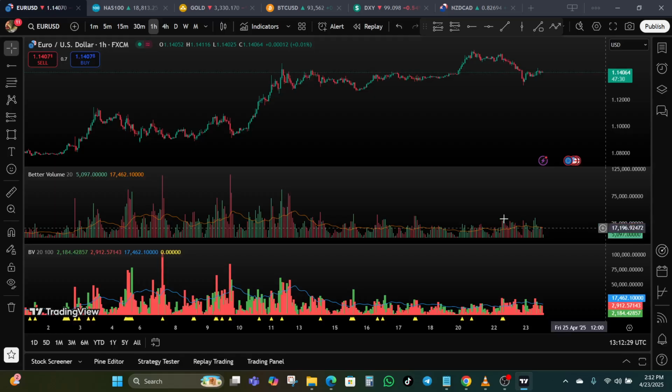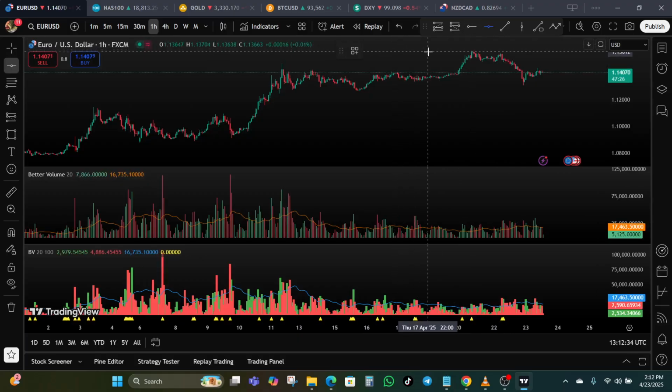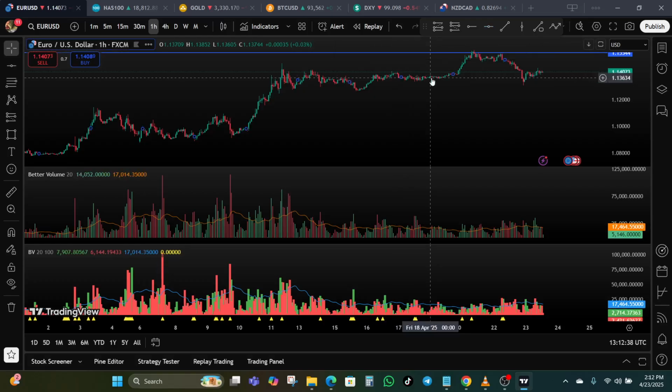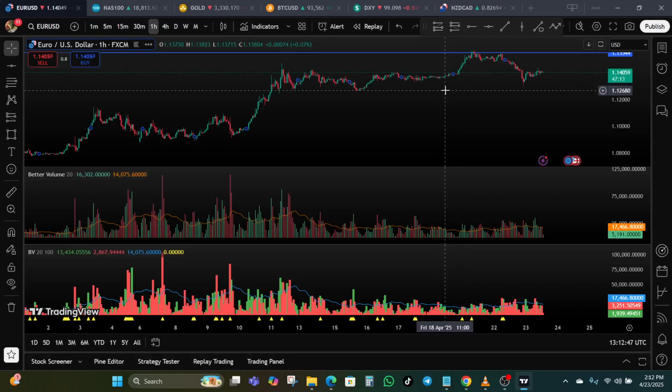Ensure that you pay attention to your support and resistance zones. Remember, when you have a surge in volume when a breakout happens, it adds to the validity of that breakout. Likewise, when you have a surge in volume when a breakout fails to happen, it may be a reversal.